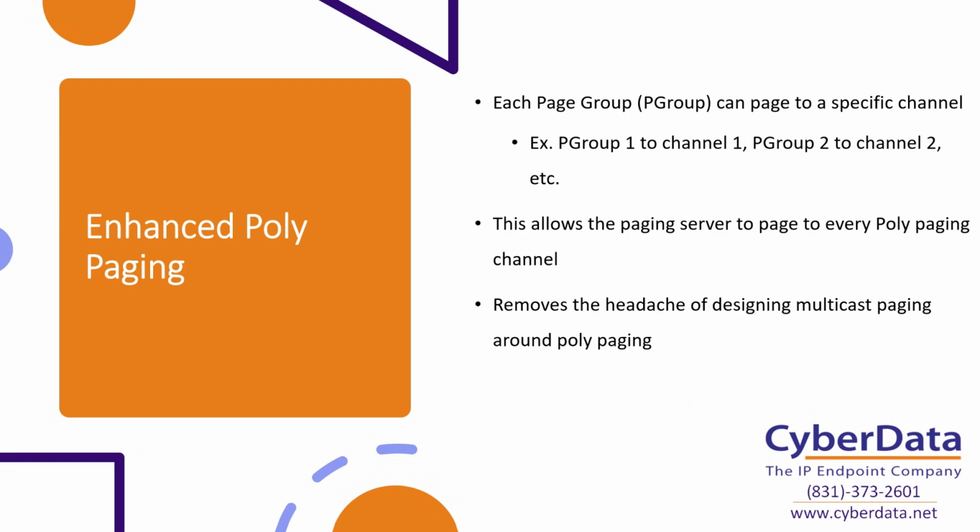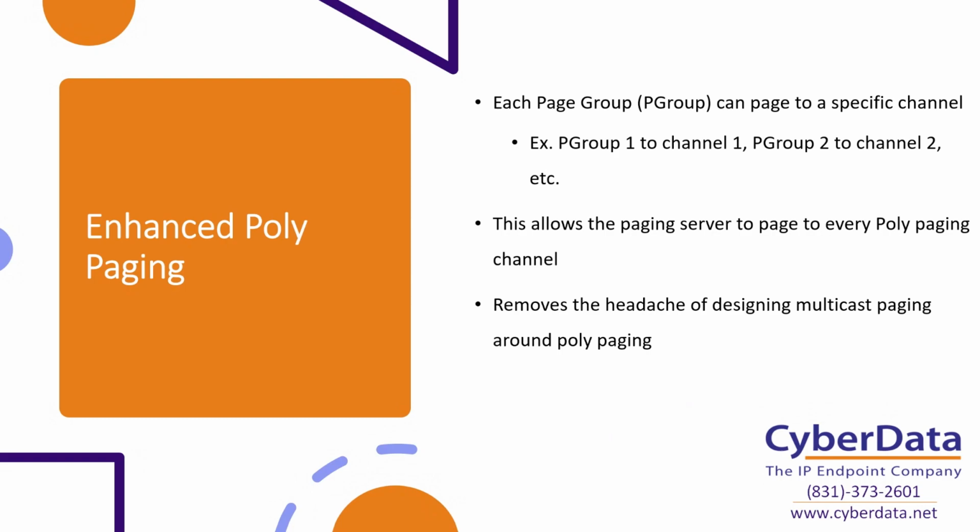Polycom does, quote, channels. And it always created a problem if you're intermixing different equipment in addition to the Poly equipment. Say if you've got mostly Poly phones for a lot of your stations, but then you've also got, say, Yealink phones, but if you're just mixing in stuff like CyberData speakers, it gets complicated to work around the different paging groups or the channels in the Poly environment.